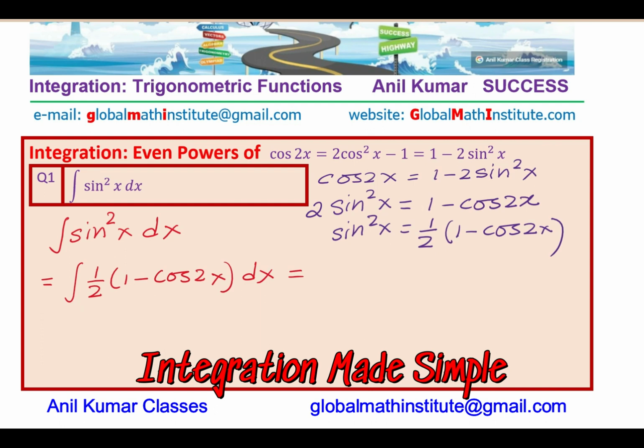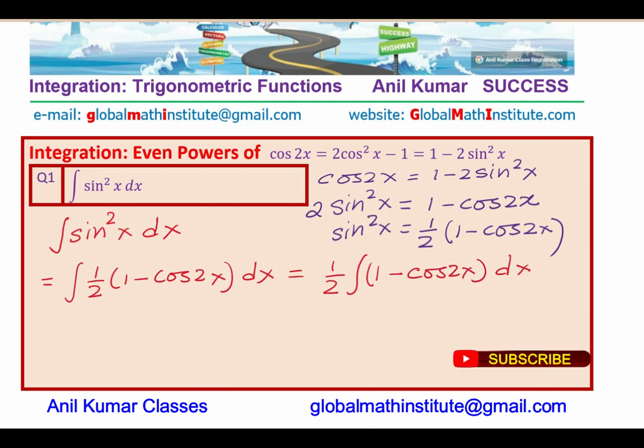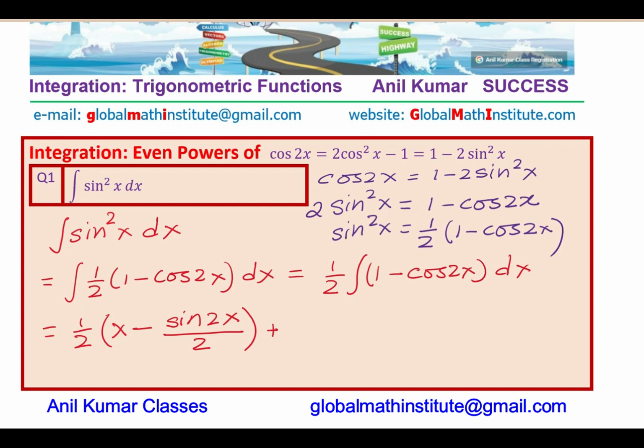We can take half outside: integral of 1 minus cos 2x dx, and that gives you half times integral of 1, which is x, minus the integral of cos 2x, which is sine 2x divided by 2. Makes sense, right? And plus c, of course.